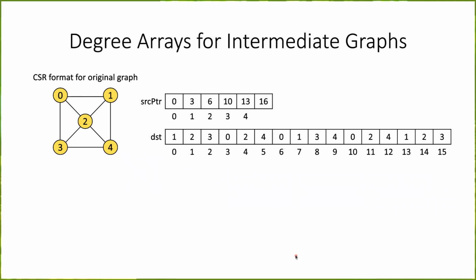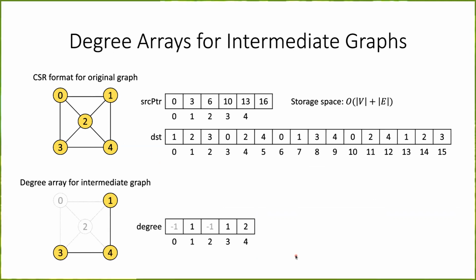To solve this issue, we use what we call degree arrays. The original graph is stored in CSR format, which has storage space big O of V plus E. We made what we call a degree array, which stores the degrees of all the vertices, and it has storage space of big O of V. And for the deleted vertices, it stores their degree as -1.